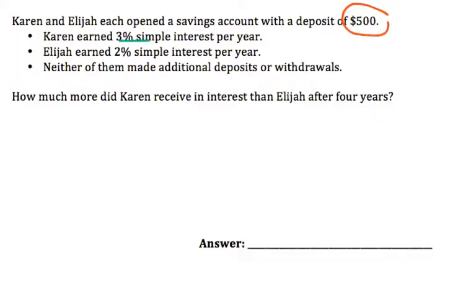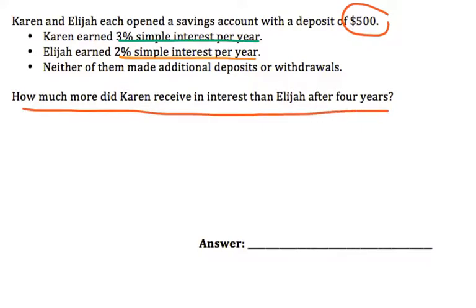Karen's going to earn 3% of that every year, and Elijah's going to earn 2% of that every year. Neither of them made any additional deposits or withdrawals, meaning they just kept $500 in all the time. Then it says, how much more did Karen receive in interest than Elijah after 4 years? I think that "how much more" is going to be helpful here.